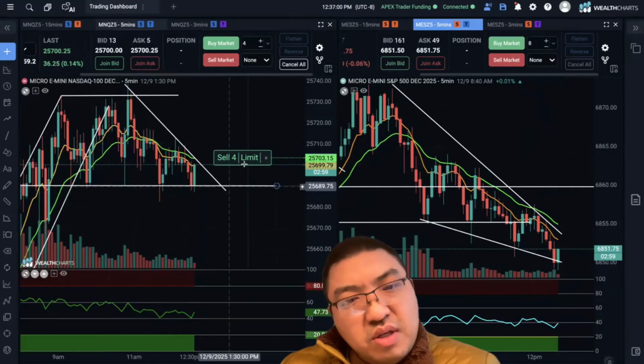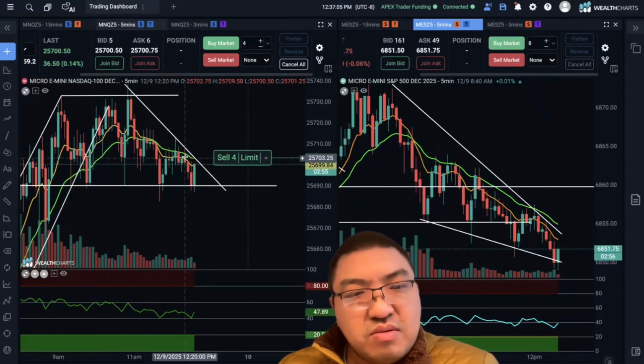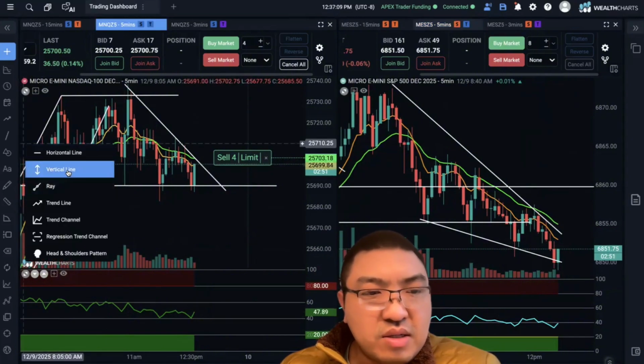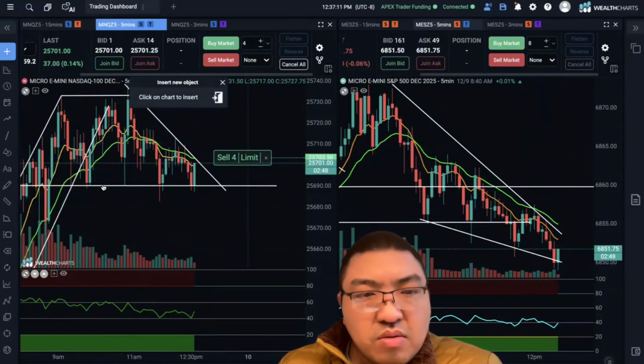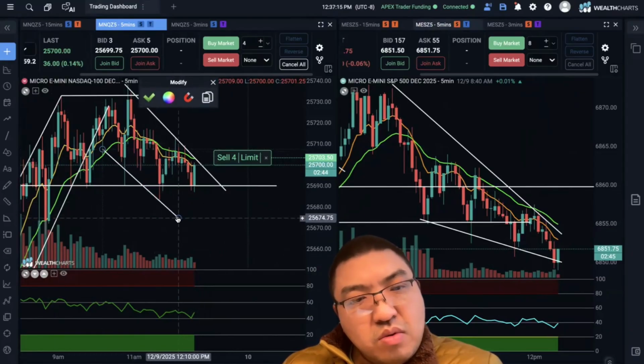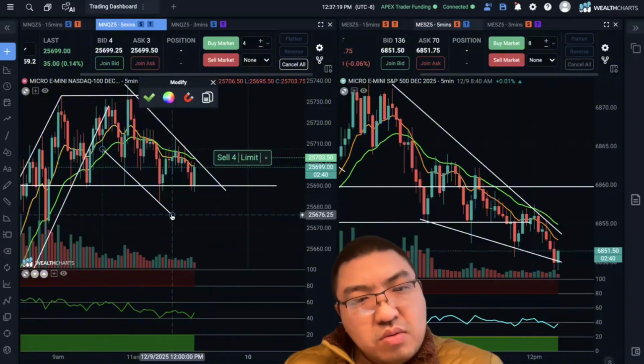And for NQ, yes, they're gonna retest to the upper bound of this range if we call this a trend line. Something. How to draw this?